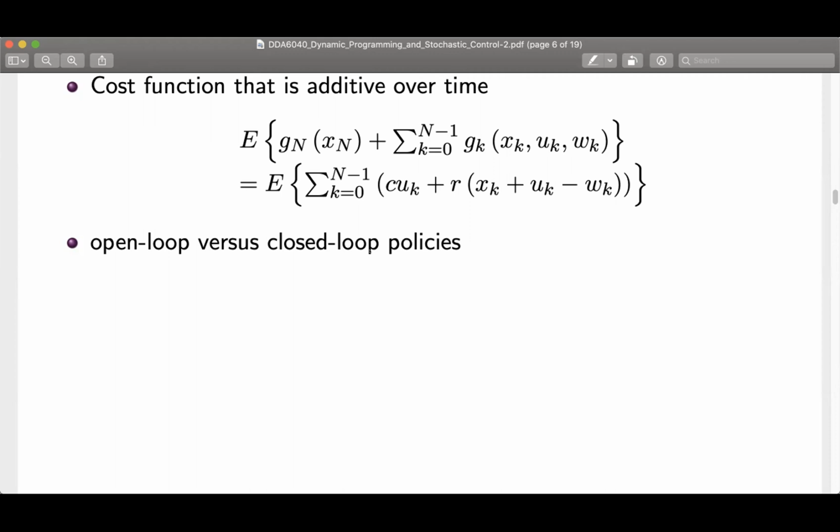If your stock is small, then you can order more items so that the customer's demand will be fulfilled, and at the same time you have a smaller cost. So you can imagine the closed loop policy performs better than the open loop policy.